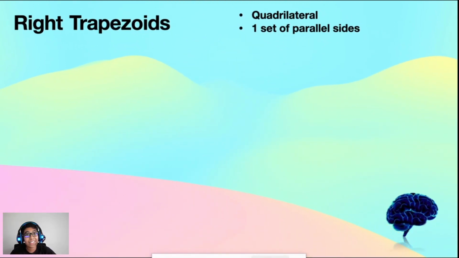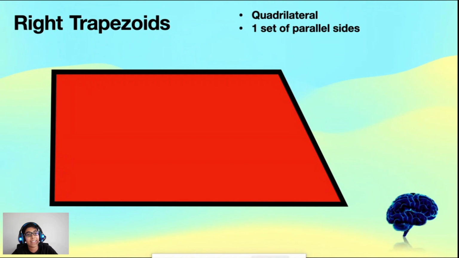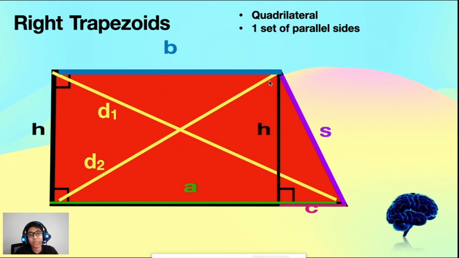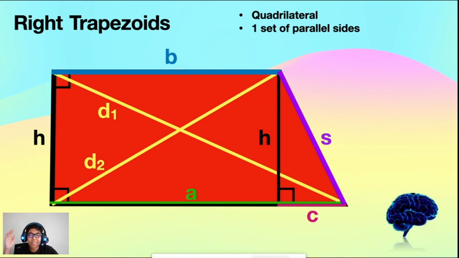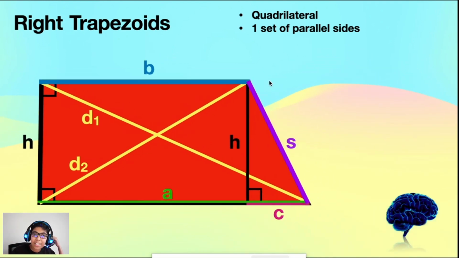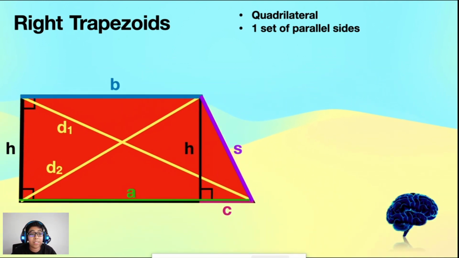Next, let's look at right trapezoids. A right trapezoid is just a trapezoid that has two adjacent right angles, just like the third example that we saw. Yep. So let's give it a few labels, because right trapezoids aren't as feature-rich as the isosceles trapezoid, but they have a lot of formulas.